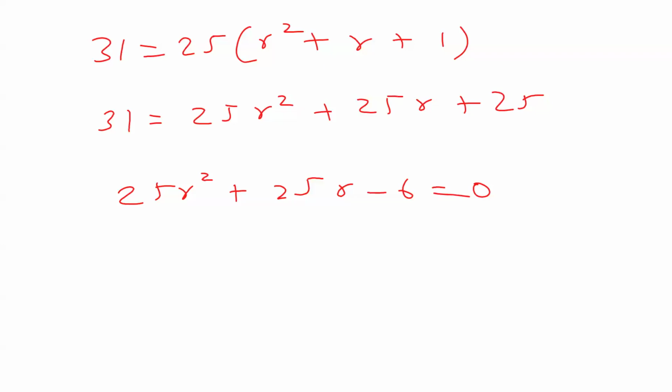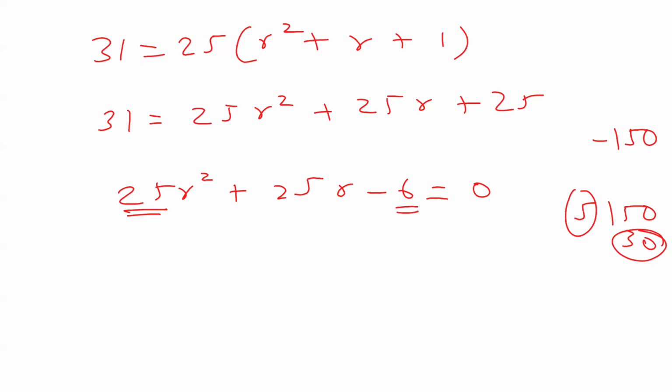Okay. Guys, now if you really don't know how to factorize the middle term, you can also use the formula method and finish this off. Those who are interested in the factorization method: 25 into 6, that is 150. So factorize this 150, this is 5 and this is 3. So we got the factors 30 and 5: 5R square plus 30R minus 5R minus 6.